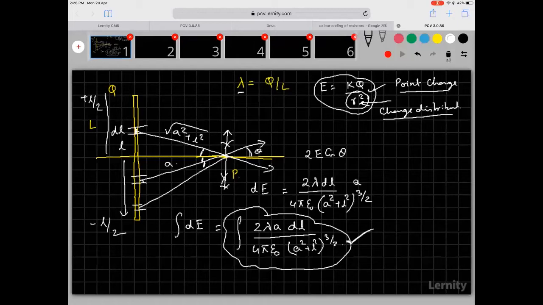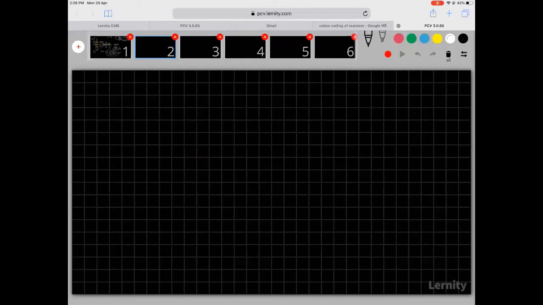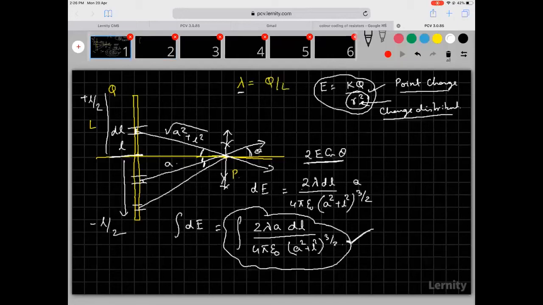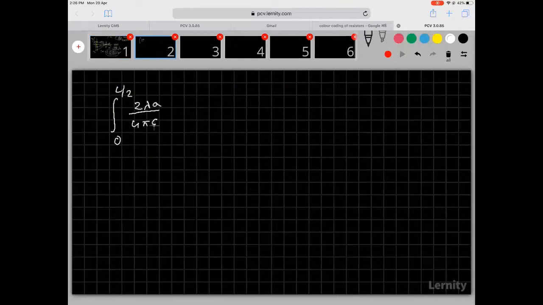But I have already taken 2 cos theta, so it won't be this. It will only be from 0 to L by 2. So the integral from 0 to L by 2 of 2 lambda A by 4 pi epsilon naught, dl divided by A squared plus L squared power 3 upon 2.